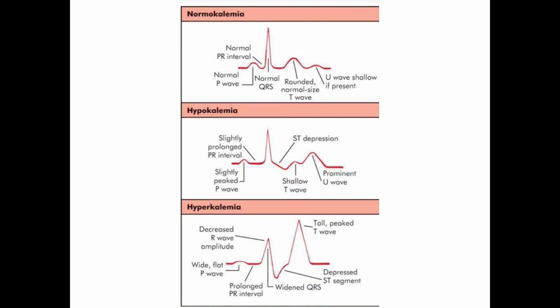There is a widened QRS complex. There's also a flat P wave. So you can compare. This is a normal ECG for a patient with normal serum potassium levels, and this is for a patient with hyperkalemia. You can compare and contrast the differences, and this can also help you in diagnosing a patient with hyperkalemia.